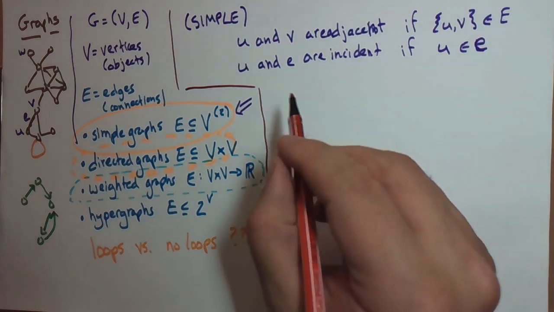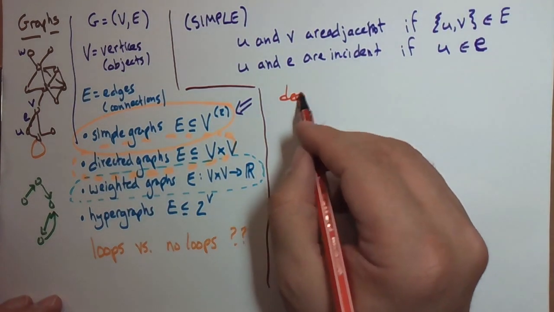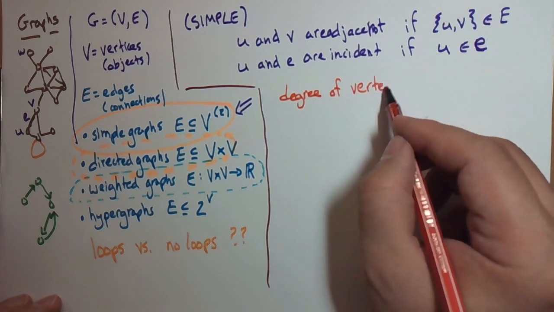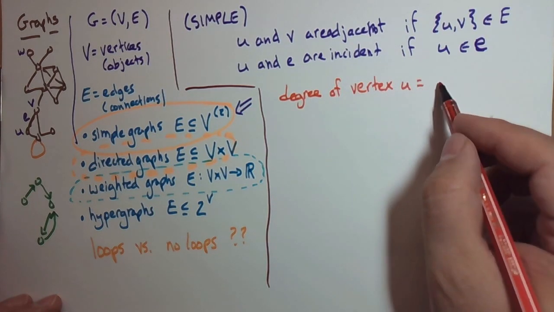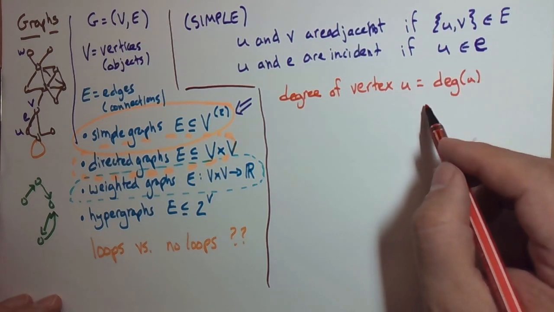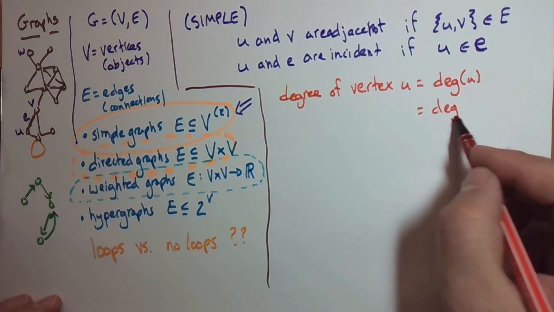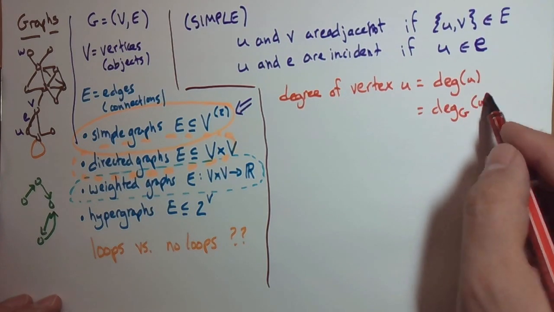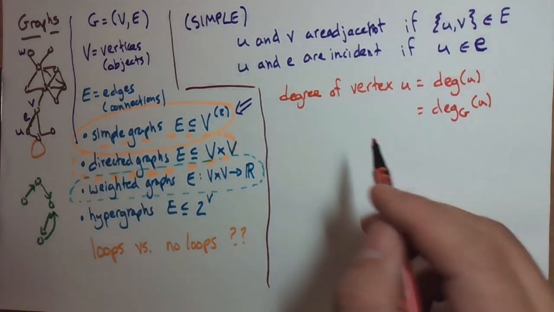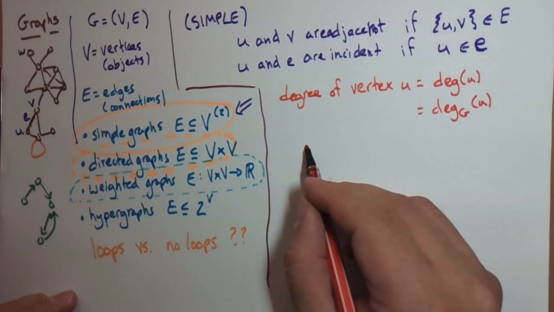Now, the next thing. So the degree of vertex U, which we oftentimes will denote with degree of U. Sometimes we'll have multiple graphs at the same time, so we might add a subscript just to add clarification. And so how do you find the degree of a vertex? Okay, all right. So the degree of a vertex is the number of edges it's in.